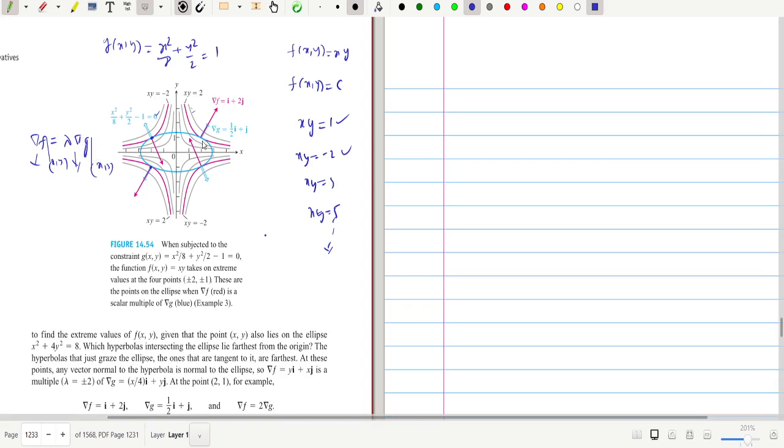So we need to find the points at which this ellipse and this rectangular hyperbola intersect tangentially. If you take this, then the normal will be the same, or the tangent will be the same at those points. So these are the 4 points: x equal to plus or minus 2 and y equal to plus or minus 1. These are the only possible values.